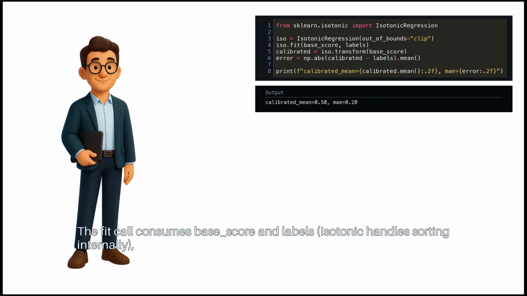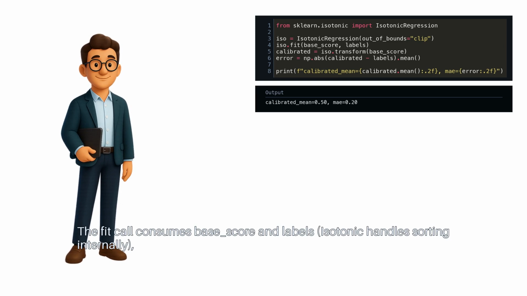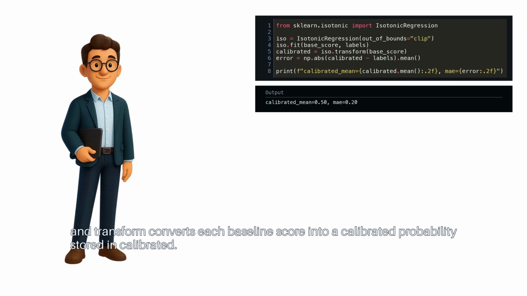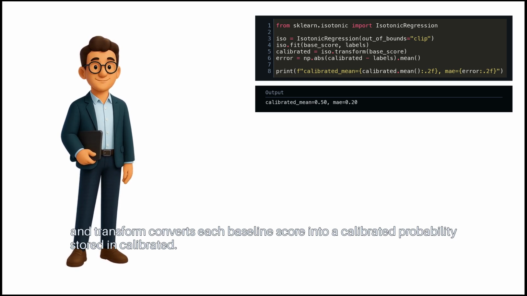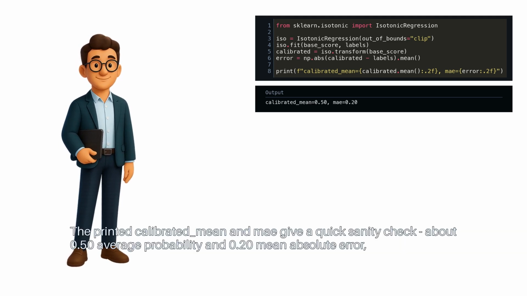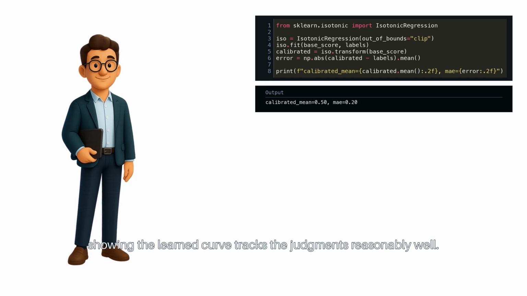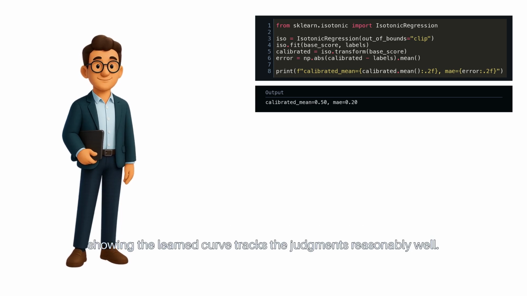The fit call consumes base score and labels. Isotonic handles sorting internally, and transform converts each baseline score into a calibrated probability stored in calibrated. The printed calibrated mean and MAE give a quick sanity check, about 0.50 average probability and 0.20 mean absolute error, showing the learned curve tracks the judgments reasonably well.